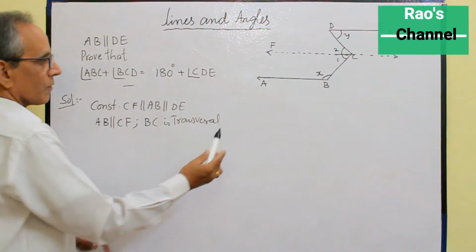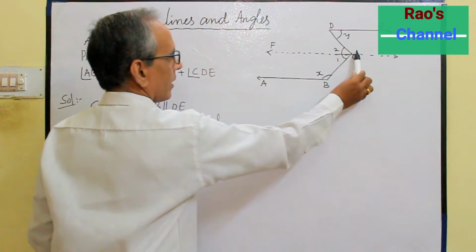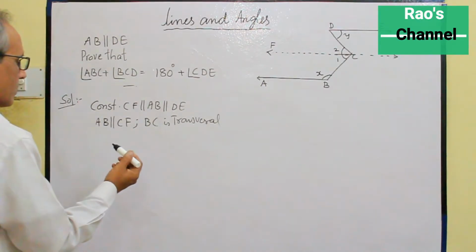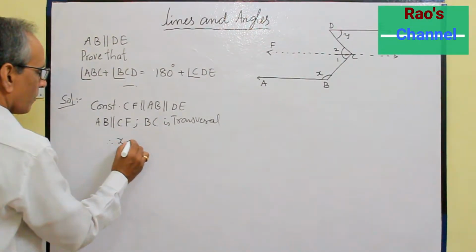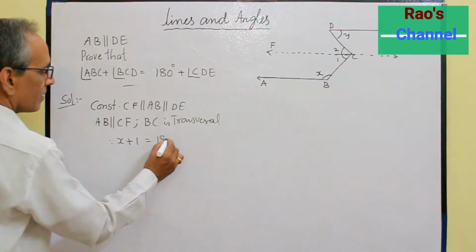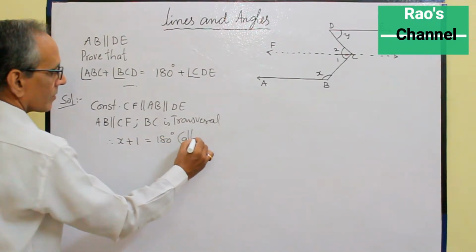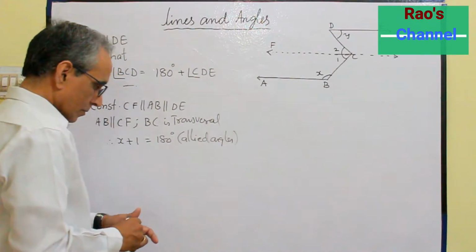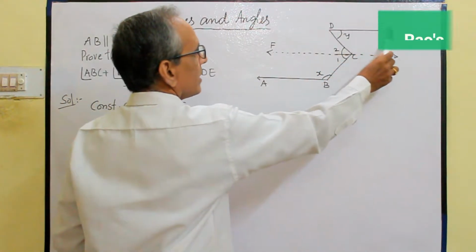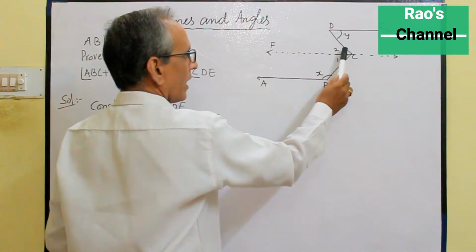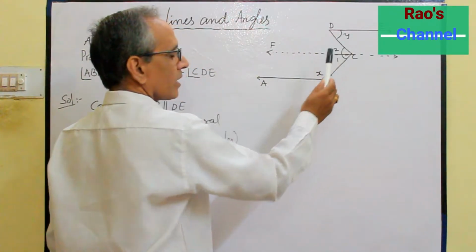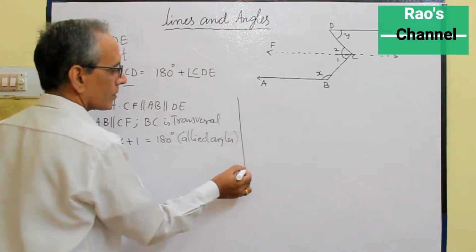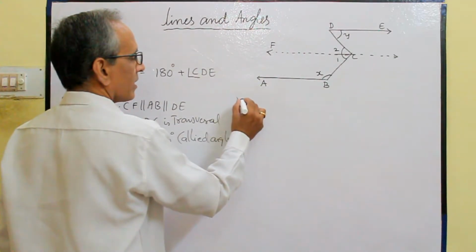See, AB is parallel to CF and this BC is the transversal. X and 1 together are 180 because they are allied angles. Therefore, X plus 1 is equal to 180 degrees, allied angles. Now, if I take the second pair, that is DE and CF are parallel, Y and 2 are equal because they are interior alternate angles. What is parallel here?